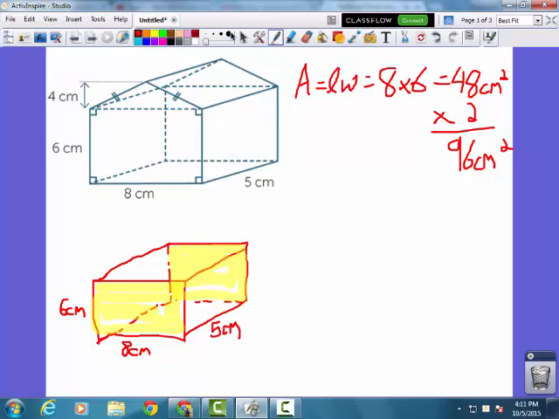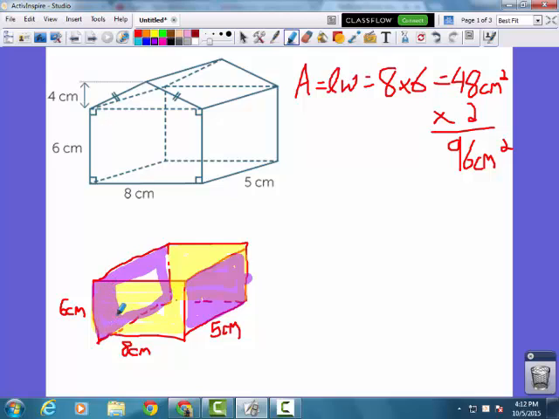So that's that side. Now, there are other sides to this. So let's do the sides, the left side here and the right side of the rectangular prism. If I were to identify those with the purple, this side here and this side over here, those two sides are the next ones I'm going to do.